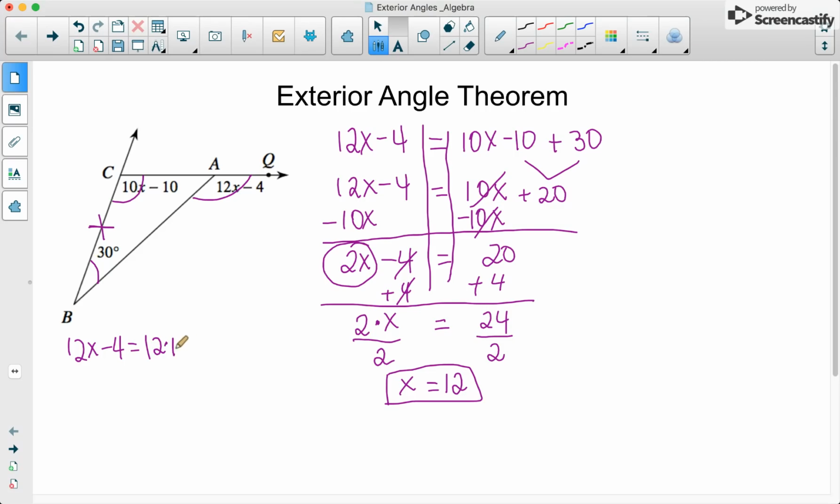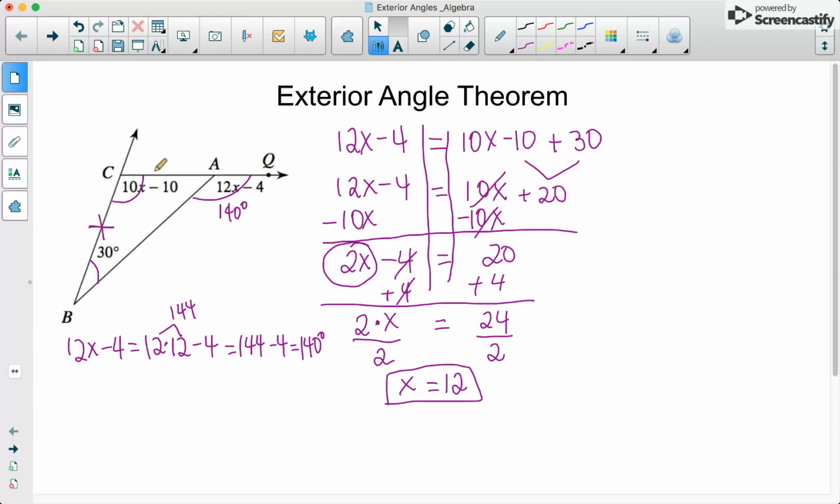So I'm just going to put it over here. And I know that 2 times 12 is 24... so this is 144, minus 4, I know this one should be equal to 140 degrees. Okay, so I know this one is 140 degrees.